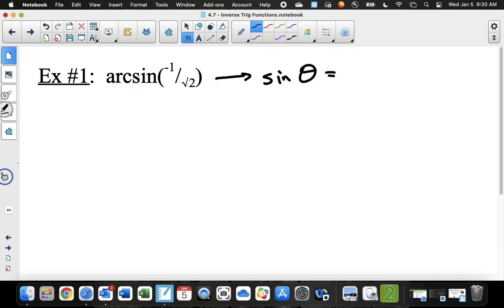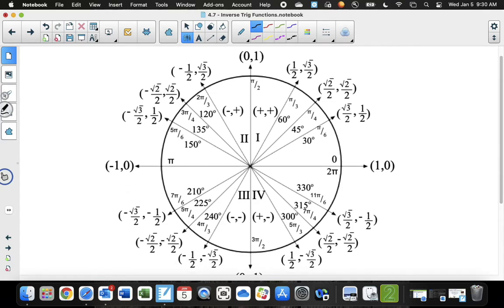Yeah, if we multiply top and bottom by square root of 2, we end up with negative square root of 2 over 2. That's really what I'm asking you. Where does the sine equal negative square root of 2 over 2? That's what the inverse is. You're trying to find the angle now that goes with the values. So if we take a look, let's go to this is where the unit circle comes into play.